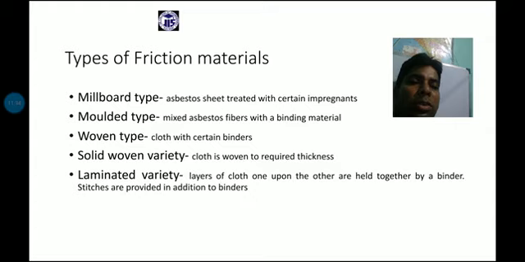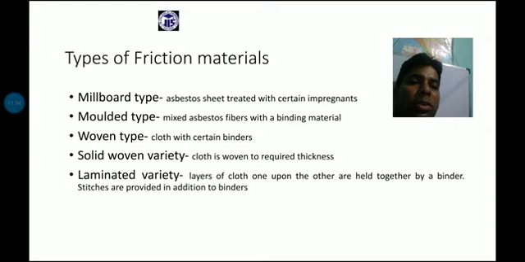Next point. They are firmly pressed by strong coil springs and assembled in a drum. Next, each of the alternate plates slides in the groove of the flywheel, and the others slide on the splines of the pressure plate.